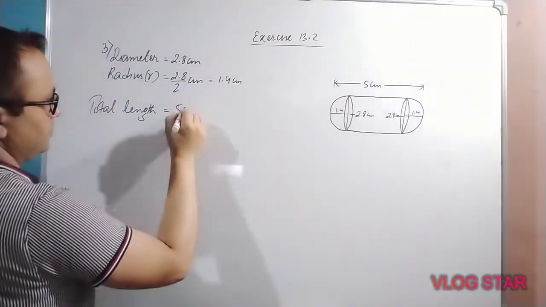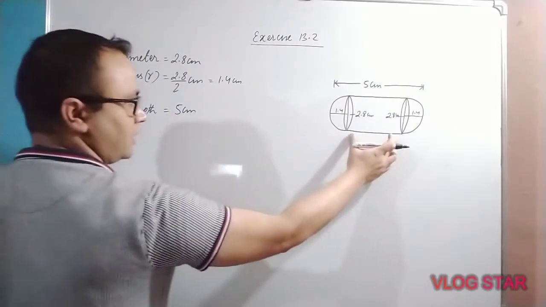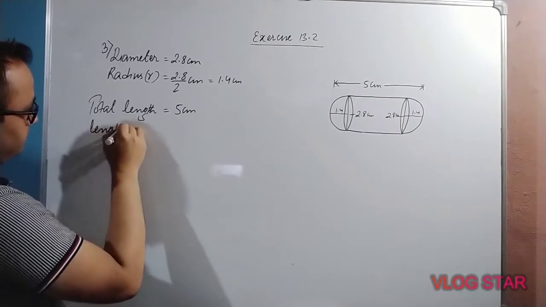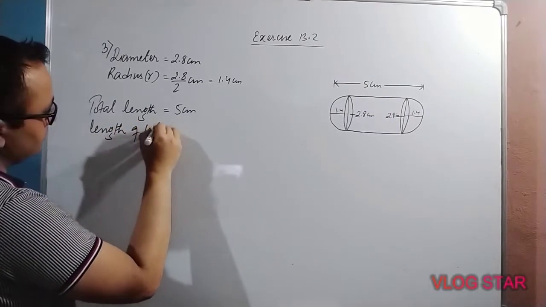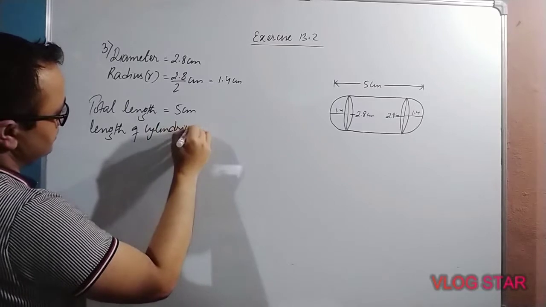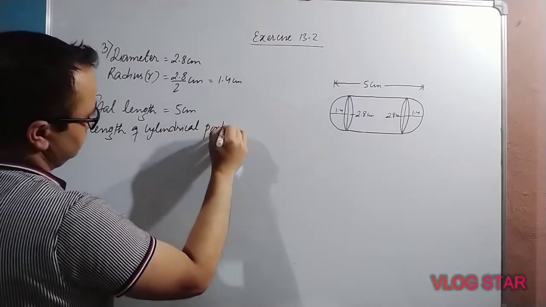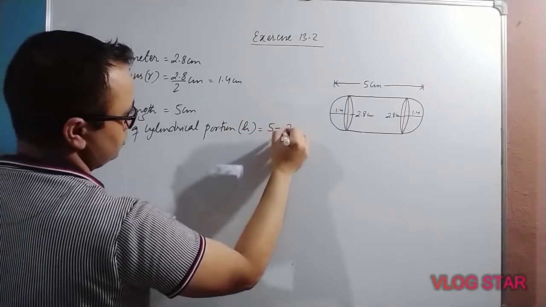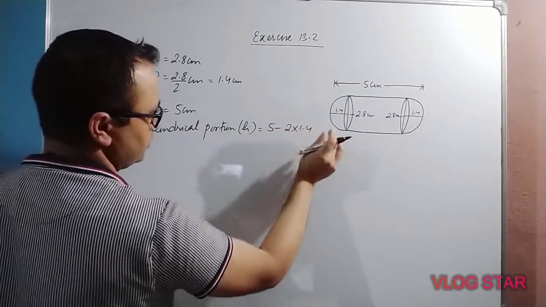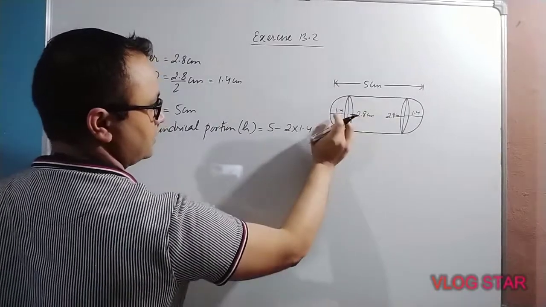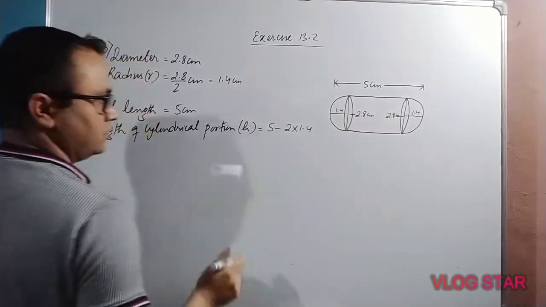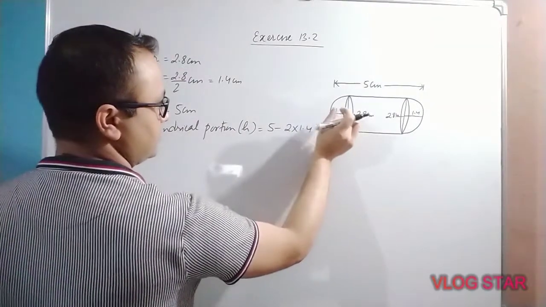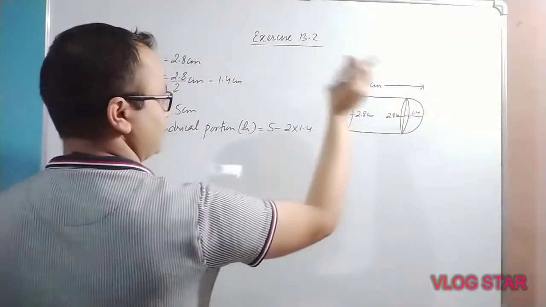Now we will calculate the length of the cylindrical portion. It is represented by h equals 5 minus 2 into 1.4. Why 2 into? Because on both sides there are two hemispheres, each of radius 1.4 centimeter.